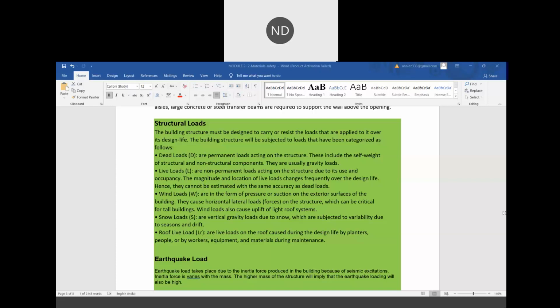We can't see your slide. You're not able to see? No, we are still waiting, structural loads.